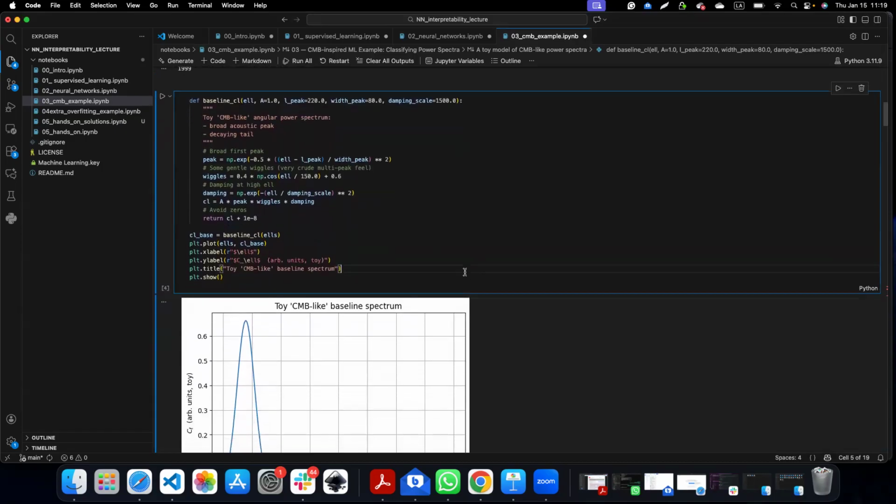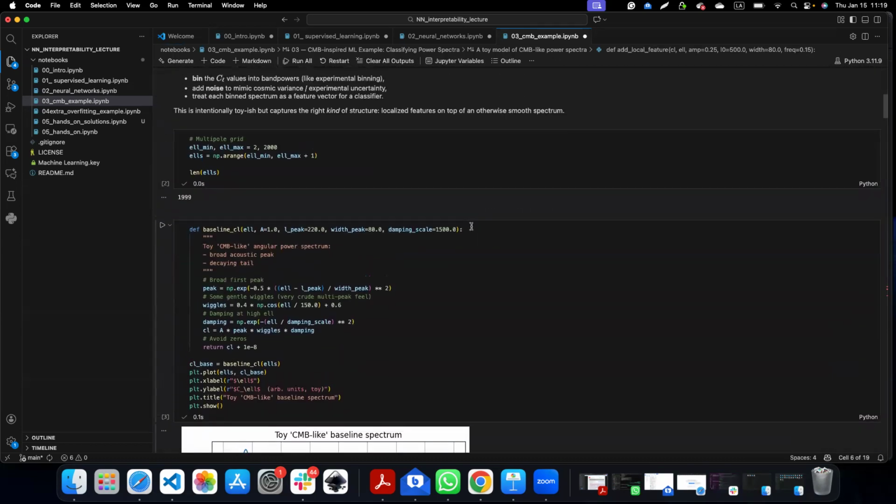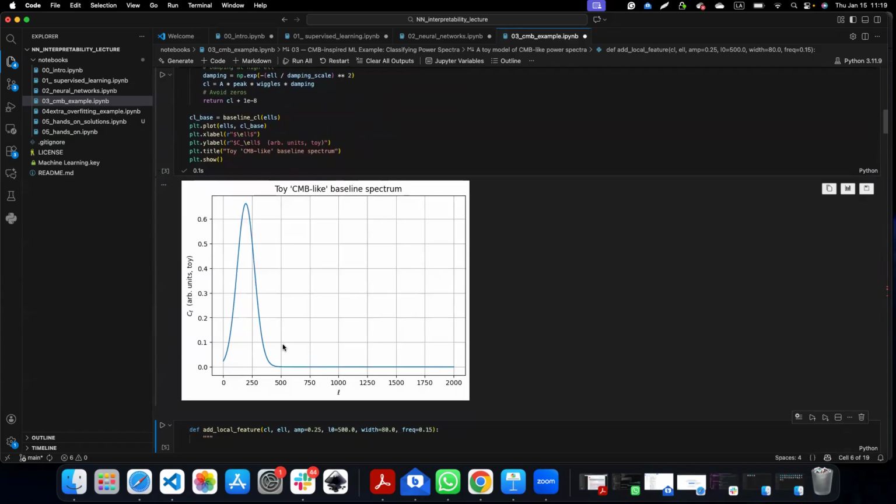And then this is just for simulating the data. So I'm really not using any physics-motivated Boltzmann solver like CLASS or CAMB. So you can just run it. You don't need to go through it. This is very widely approximated, but more or less, this is going to be our shape, okay?